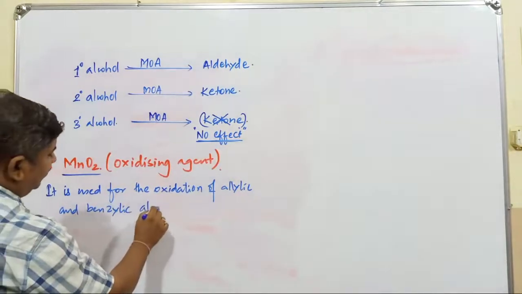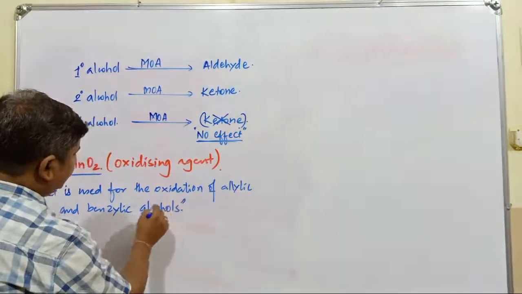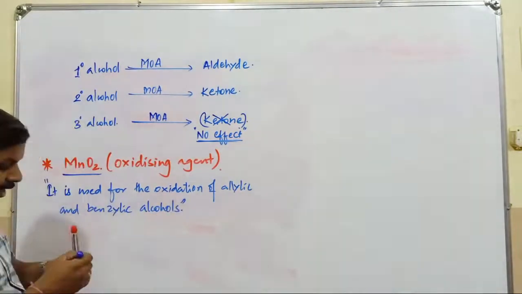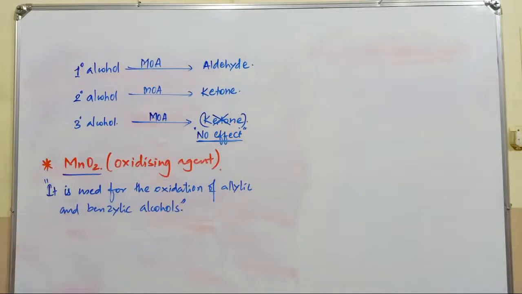For oxidation of allylic and benzylic alcohols, we use this particular reagent. It is known as what? Manganese dioxide. Only for oxidation of allylic and benzylic alcohol.